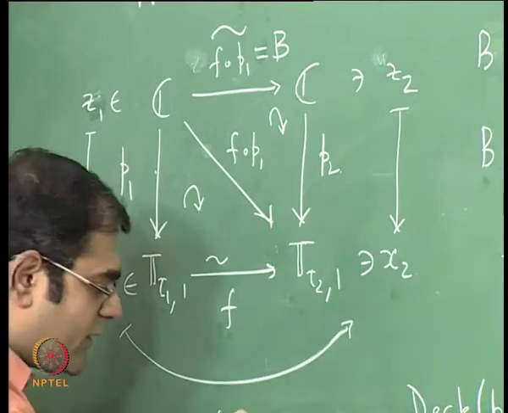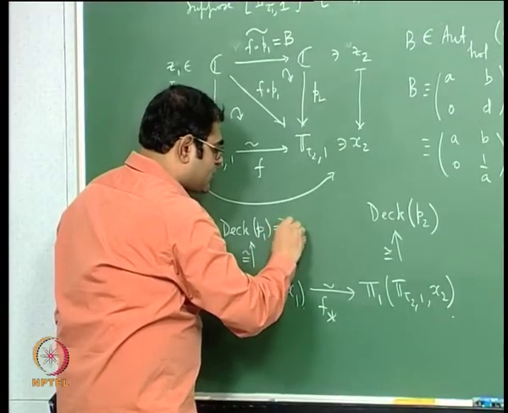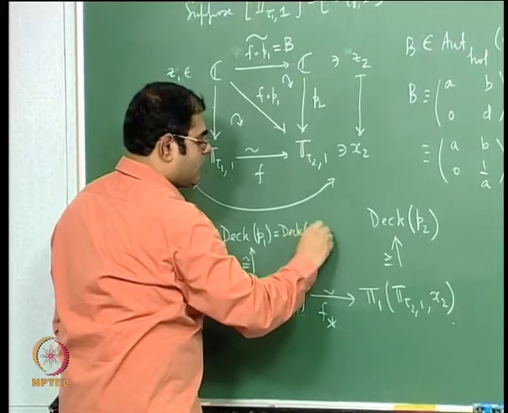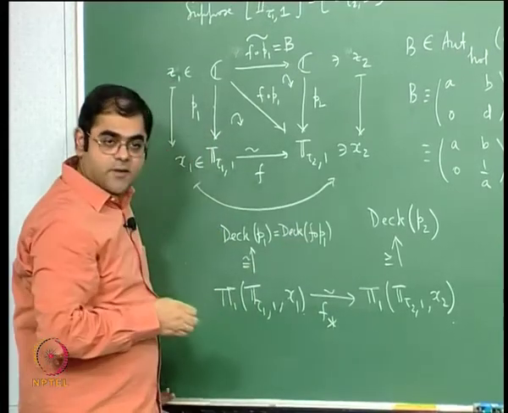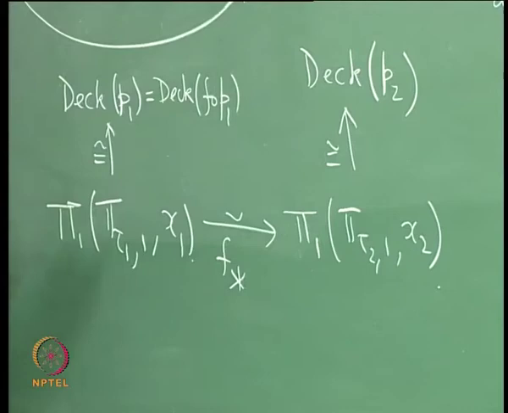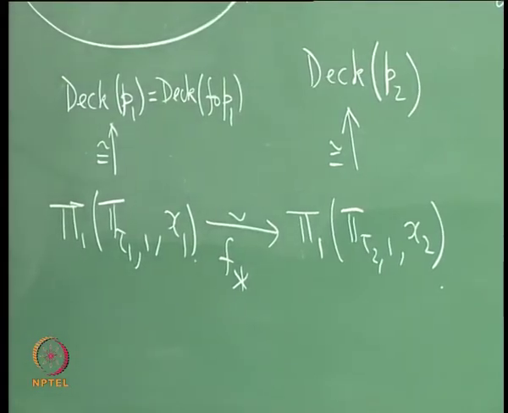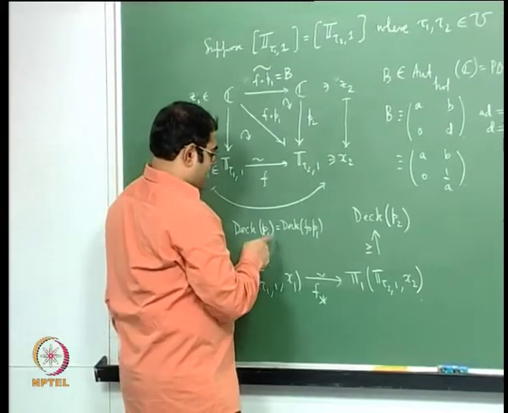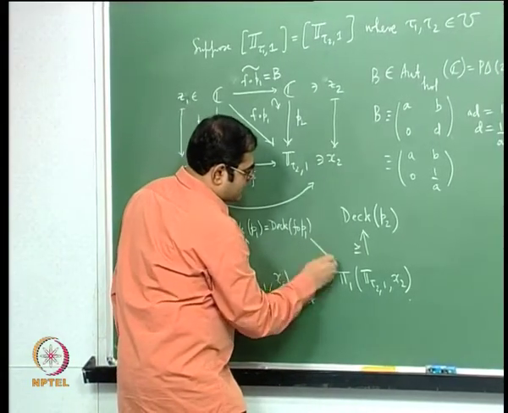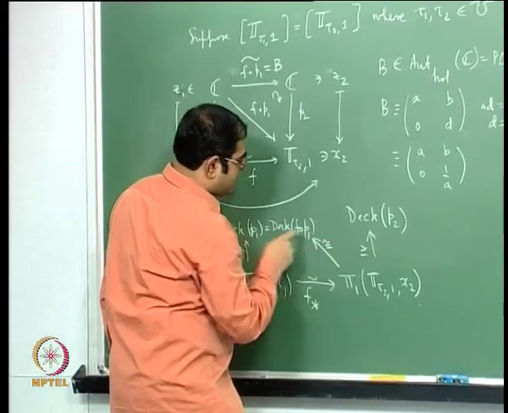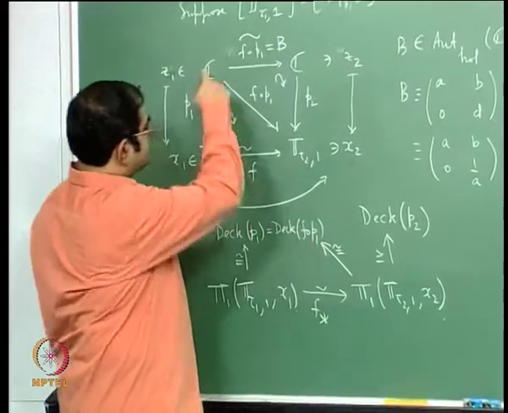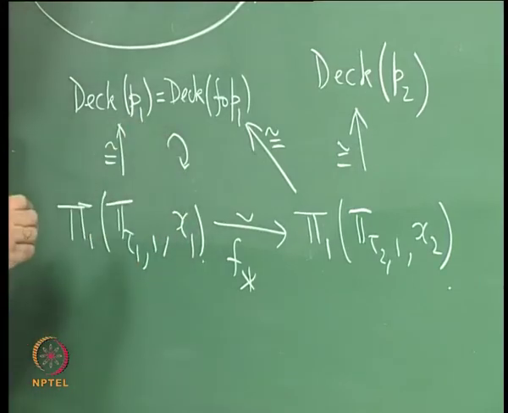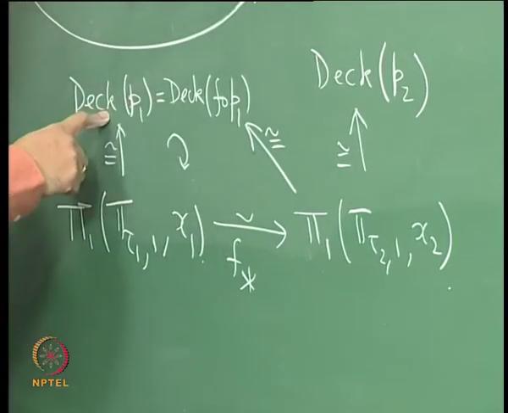So it tells me that this is the same as the deck transformation group of F circle P1; these will be one and the same. I proved this explicitly in the previous lecture. This identification comes because of this covering, and because this diagram commutes, this diagram also commutes, and that is the reason why these two are the same.